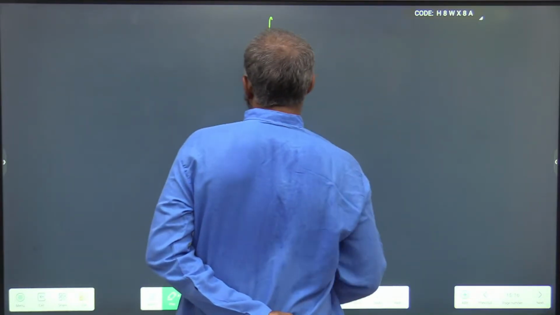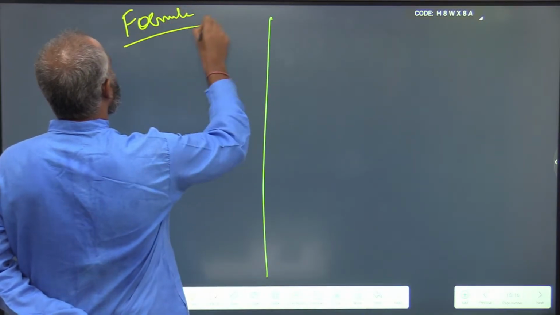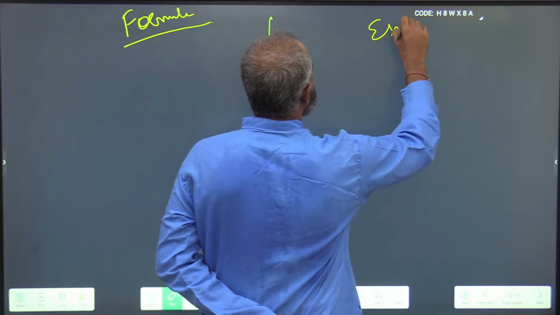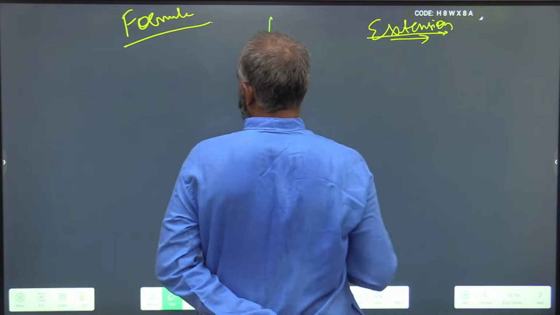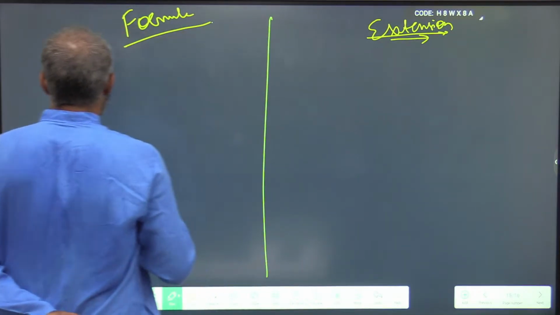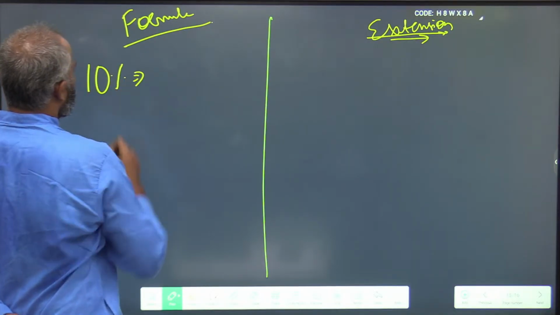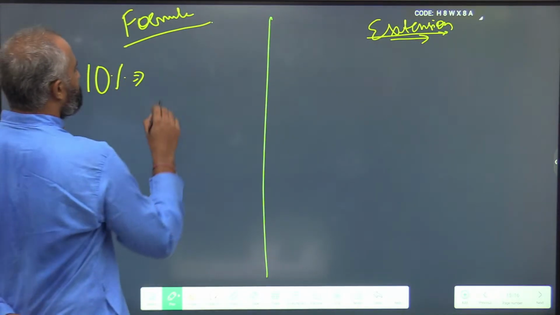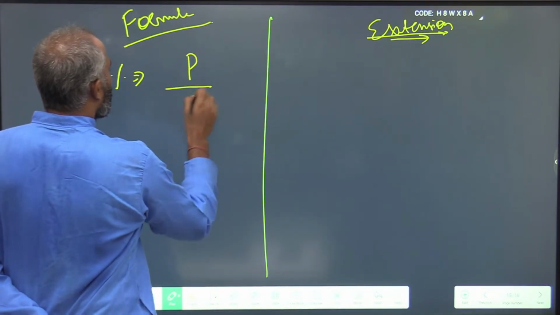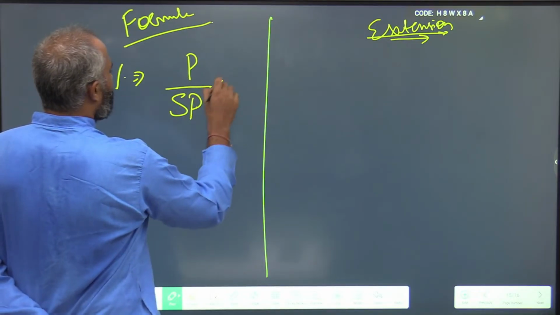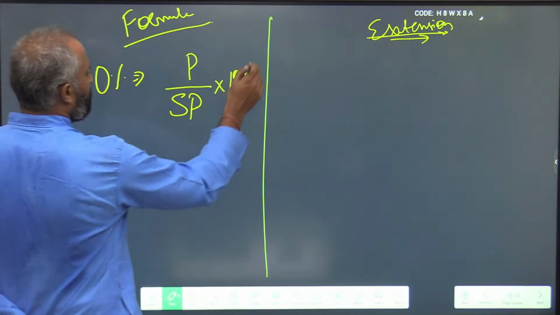Same formula, the extension. So what is this 10%? 10% he has calculated on profit by SP into 100%.